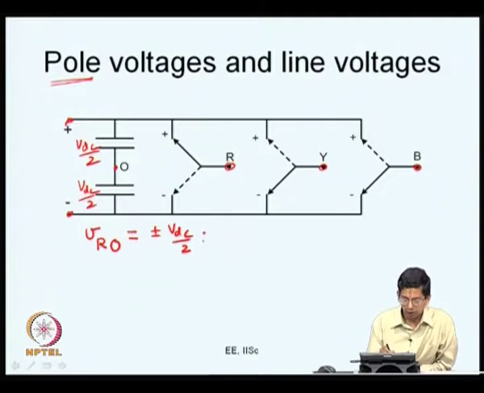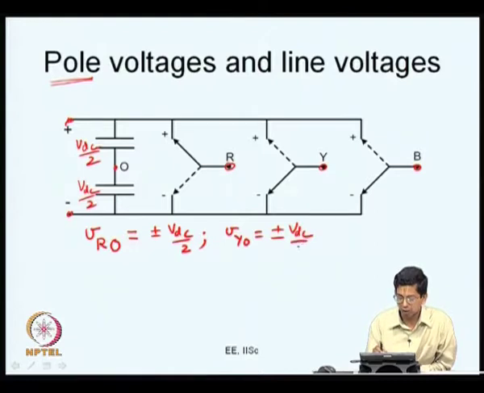Similarly, you can define VYO, the voltage at another pole, the midpoint of the Y phase leg, and VYO can also take the values of either plus VDC by 2 or minus VDC by 2. Similarly, you have VBO, the voltage at the pole B measured with respect to the DC bus neutral O. This is also equal to plus or minus VDC by 2.